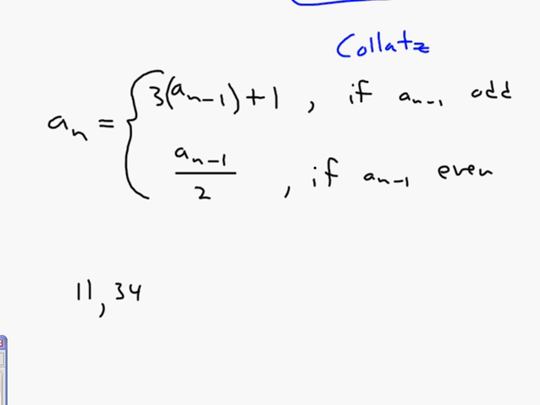But 34 is even, and according to this rule, we divide it by 2, because if the term is even, we divide it by 2.